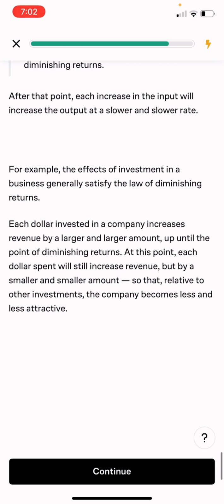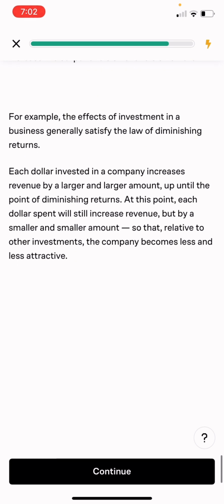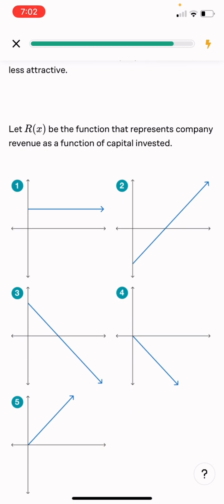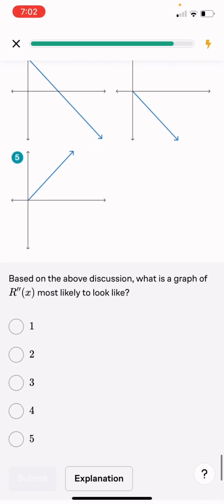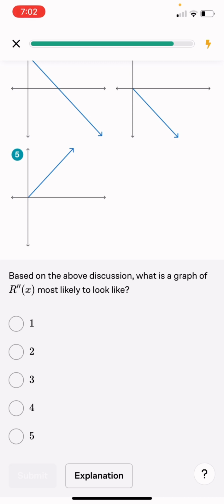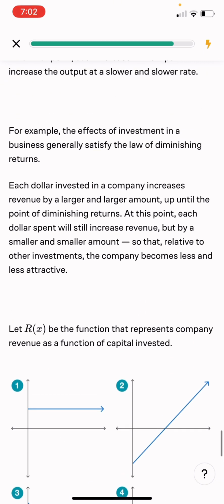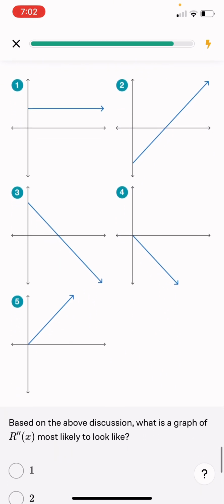So it would not be constantly increasing. Let's see. At this point, each dollar spent... R represents company revenue as a function of capital invested.